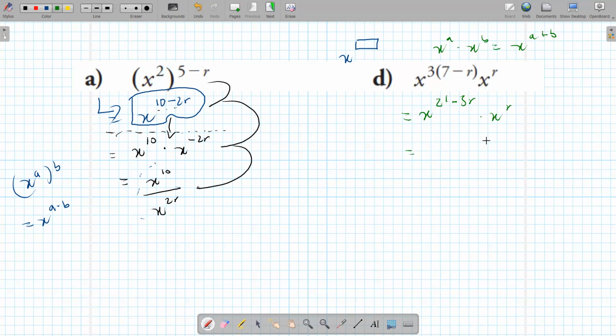Do you get 3r squared? No, you do not get 3r squared. So combining the bases, right? Because we're not doing x to the 21 minus 3r, to the power of r. Then yeah, you'd get negative 3r squared. But we're not doing that.